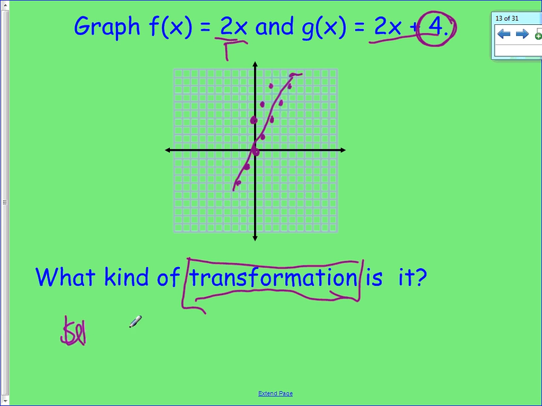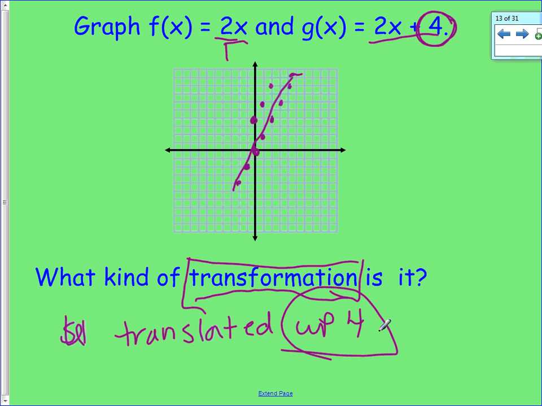It translated up 4. Translated starts with an S. Slide. Our intercept went up 4. Slope stayed the same.